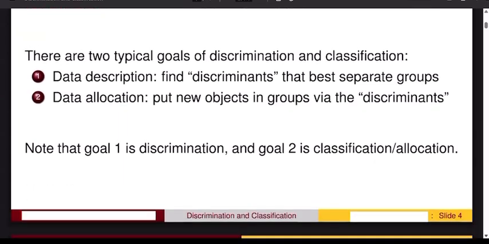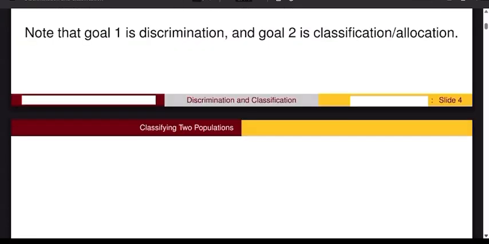So there are two major goals, just like I said, and the goals are sequential. You start with discrimination, and after that you go for classification. Classification is the same as allocation, which means you're allocating a new observation to a particular class. I've used the example of a bank.